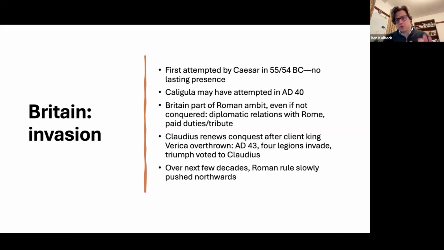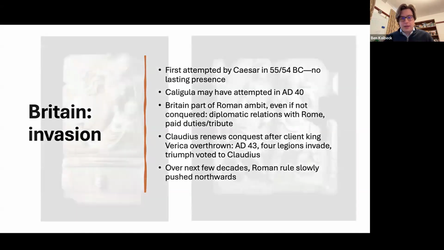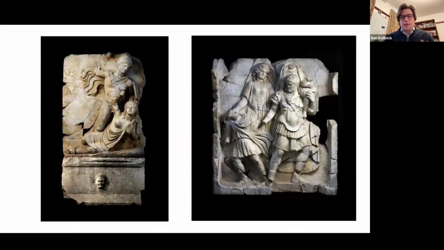The core of the province was around London. But the Romans then stayed in Britain from 43 all the way through till about 410 AD, when the legions finally abandoned the island. These are some reliefs from an imperial cult temple in modern-day Turkey, in Asia Minor.